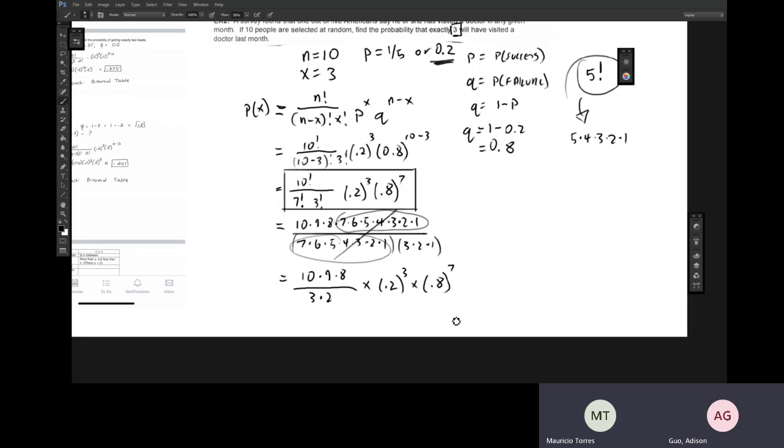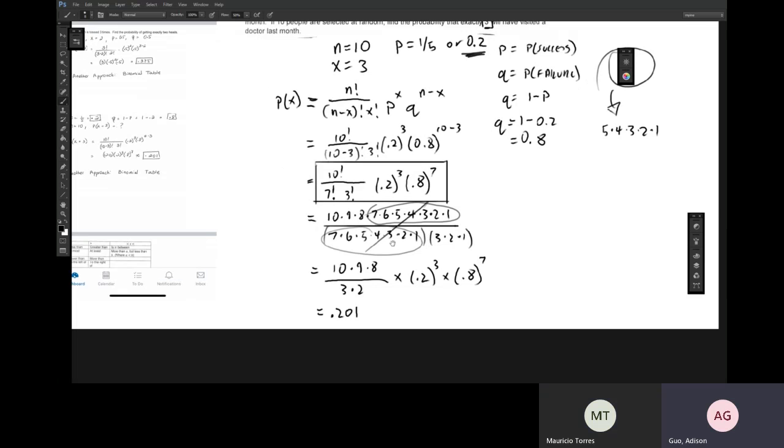So 0.8 to the power of 7. You should be getting something like 0.20. I got 0.201.